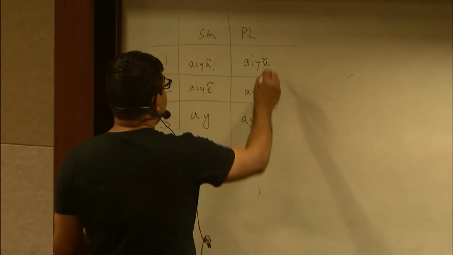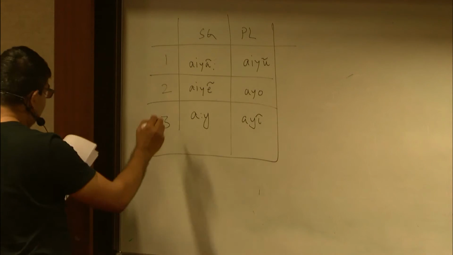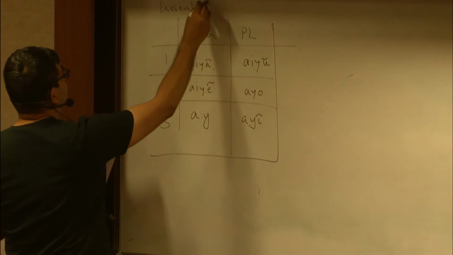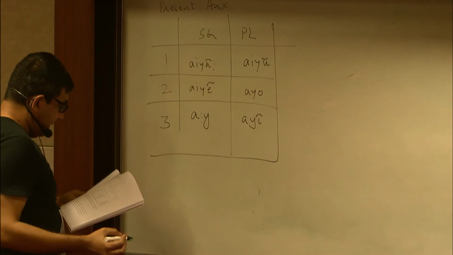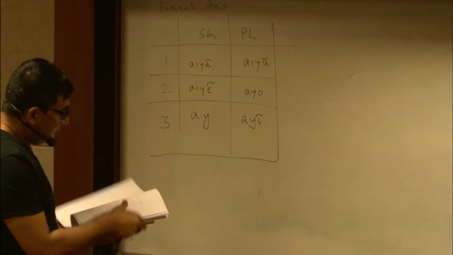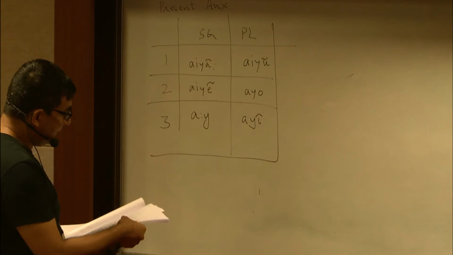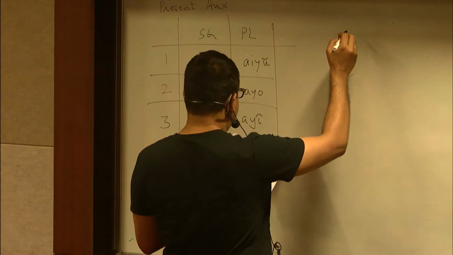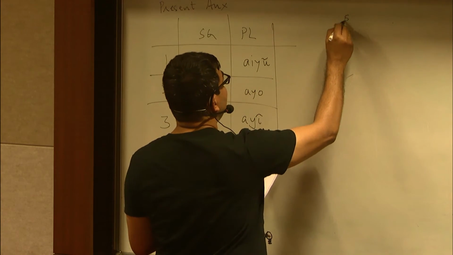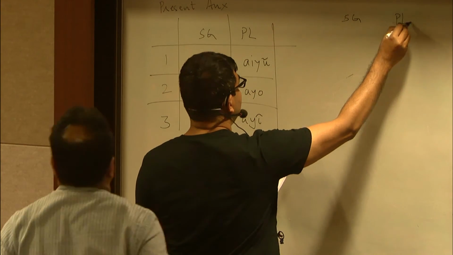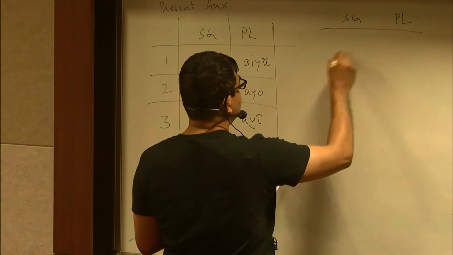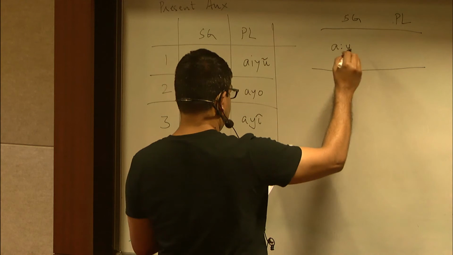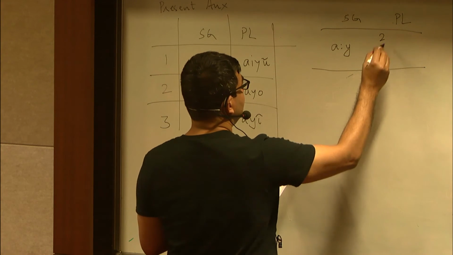This is the full table of the present aux. However, the table of the aux in the perfective tenses is much simpler. It's singular, plural, 1, 2.